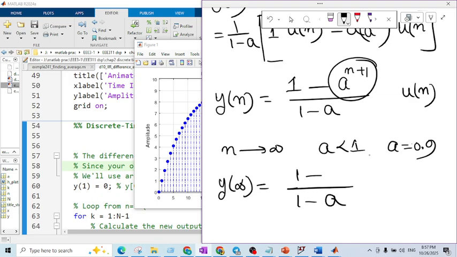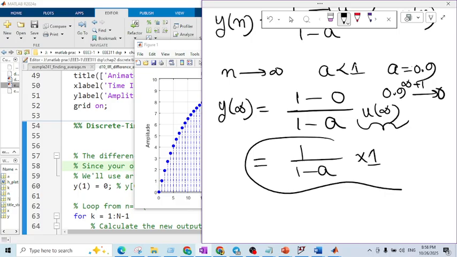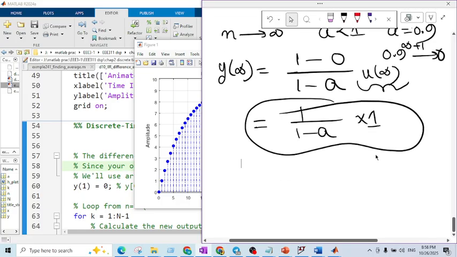We know that 0.9 to the power infinity plus 1 tends to 0, so this thing will be equal to 0 and u[infinity], we know that u is always 1, so let me write here 1. So you see this thing is again 1 over 1 minus a, and if I now put the value a equal to 0.9, I will get 10.